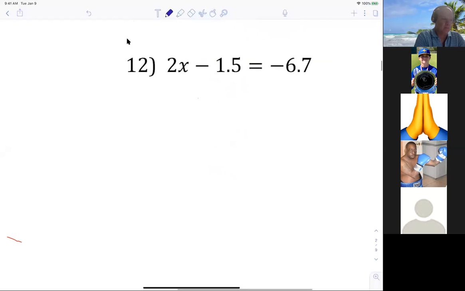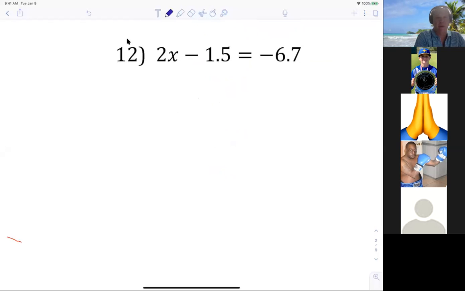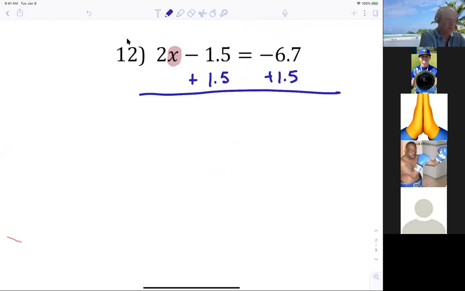Number 12. Same kind of thing, except this time we're just dealing with decimals. Keep in mind I'm still trying to get to the x. So I have to add 1.5 to both sides. So here I have 2x equals negative 5.2.